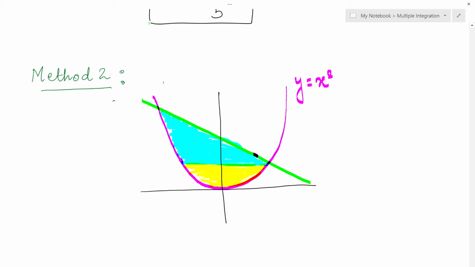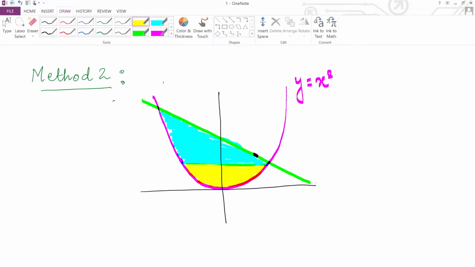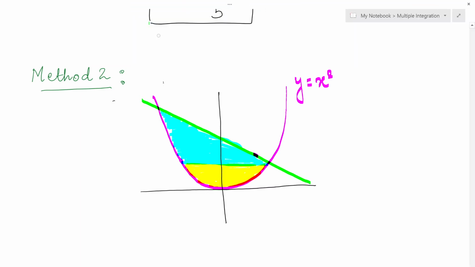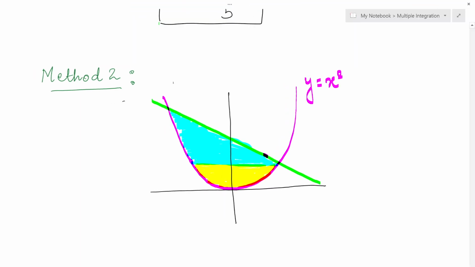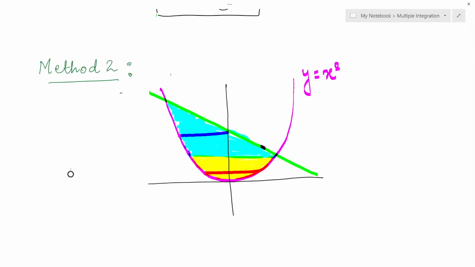Let me write this region R1 and R2. And I take a strip parallel to the x-axis. This yellow one is the region R1, this yellow one is the region R2.